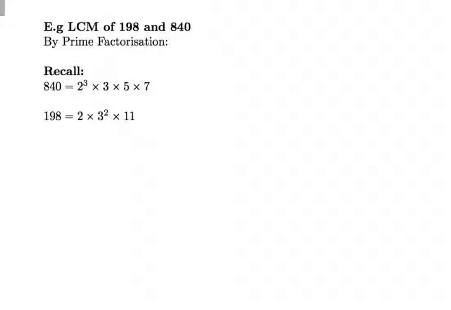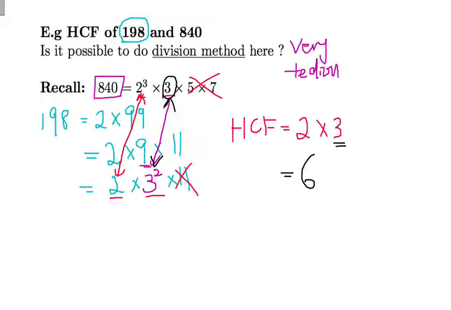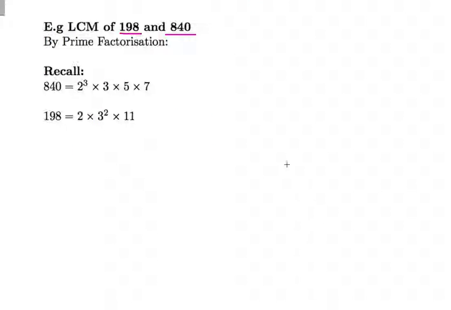Let's move on to an even more complicated one. Remember these two numbers, 198 and 840. We did these two examples in our previous episode, where we found the highest common factor, and we have already broken both down into their prime factors.